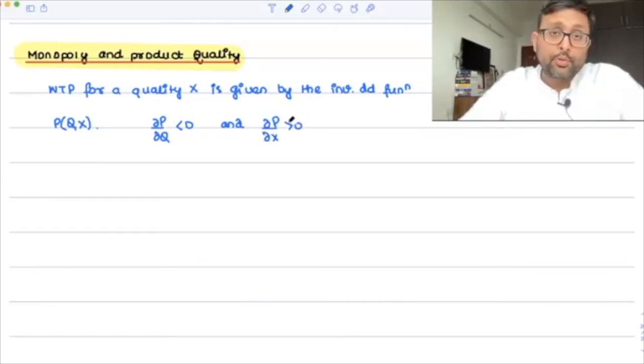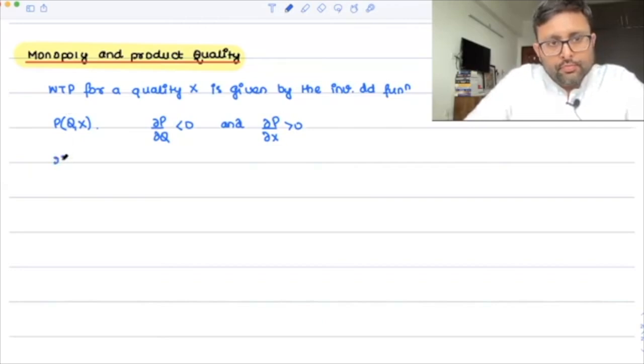If quality is going to increase, the price charged will be higher, right? So this is a normal law of demand. If quality is going to increase, your price is going to increase. Here, if quantity is going to increase, you can sell the increased quantity only at a lower price.